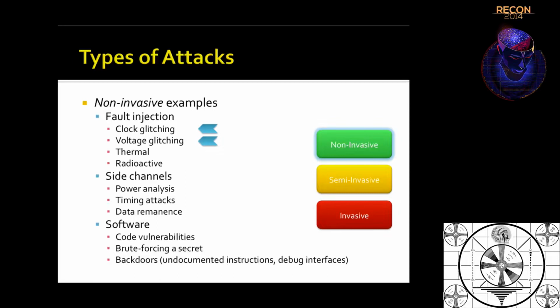Also, that epoxy package has a lot of thermal mass, so it takes a long time to heat up, relatively speaking, and then a while to cool down. So if you're trying to hit something really quickly, at a certain clock cycle in a chip, thermal's really not going to be precise enough.